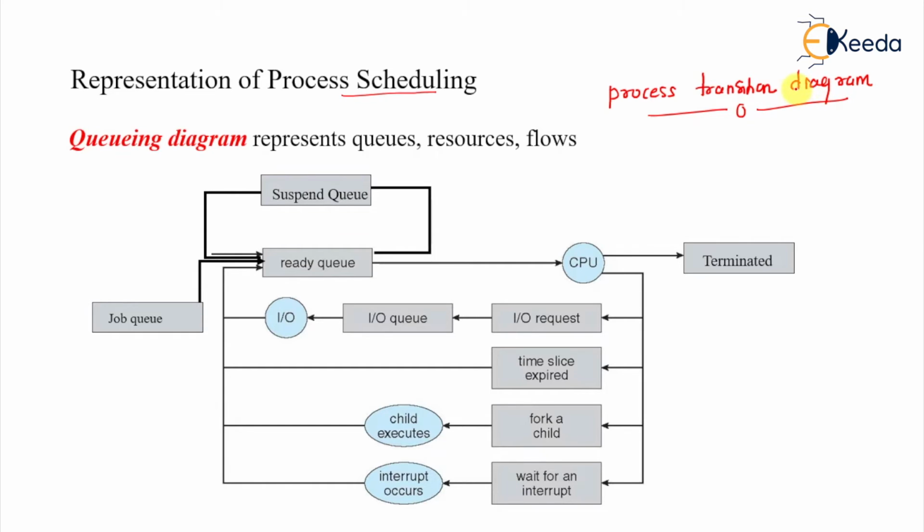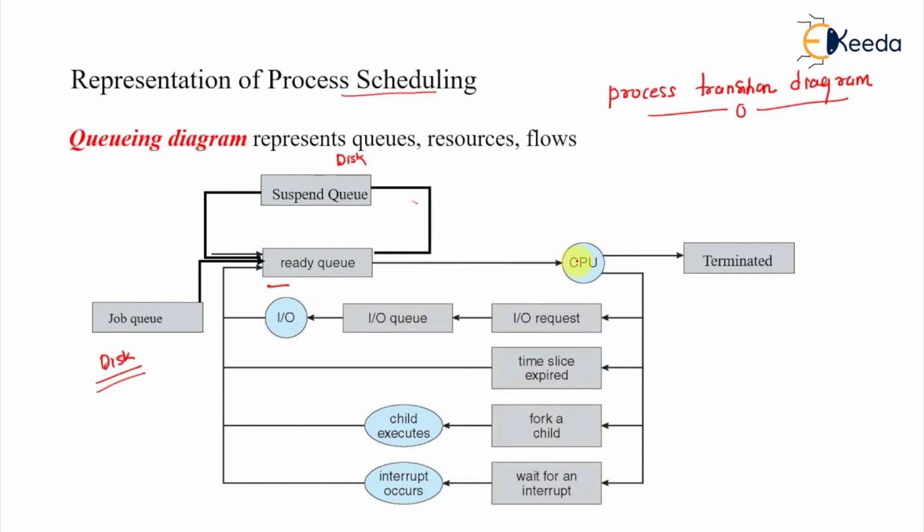You have a job queue present in the disk, from where you take a process and put it into a ready queue. You also have a suspend queue, where jobs are forcibly taken out of the ready queue and put into the disk. So a fresh job can come to the ready part, or a job that is ready but lacks memory is put into the suspend queue.